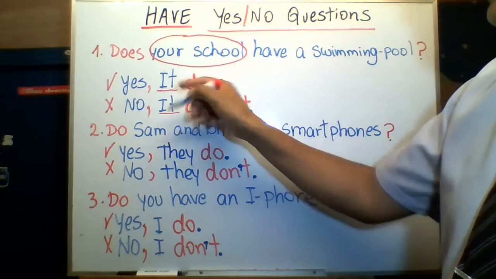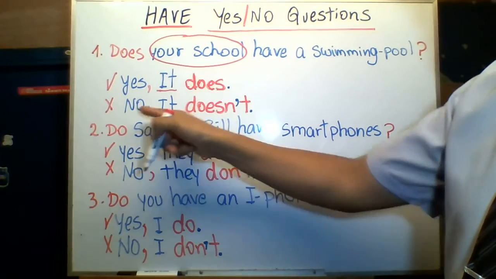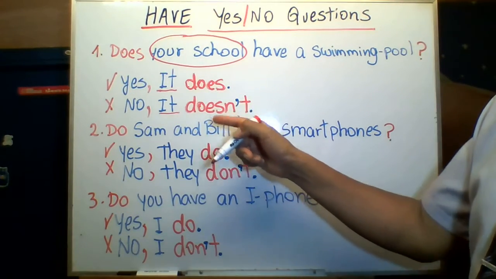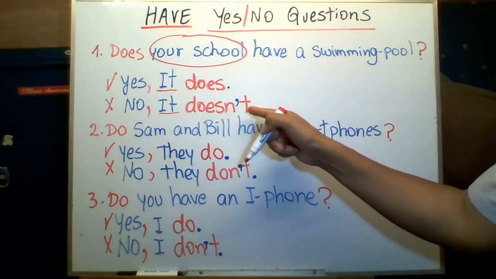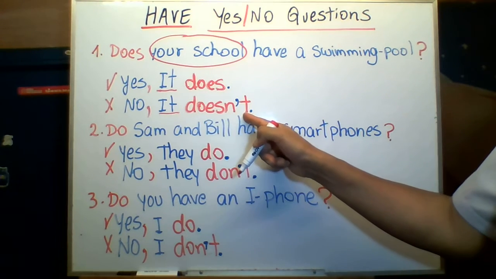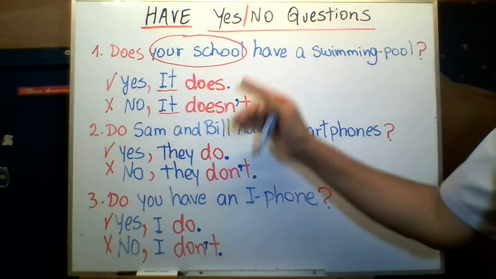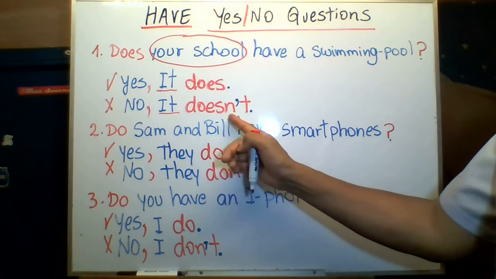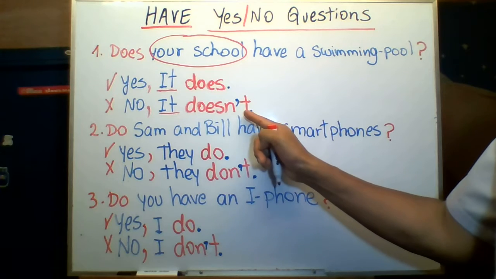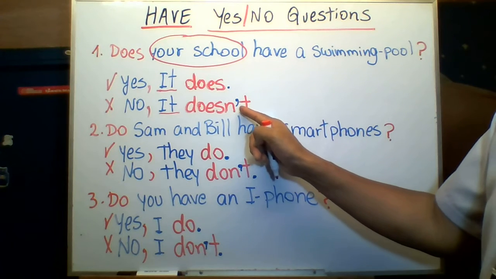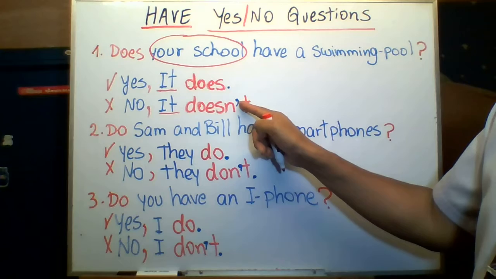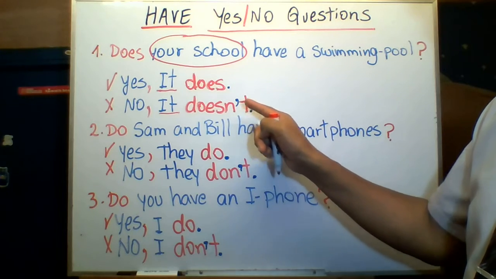In this case, does. Yes, it does. No, it doesn't. Remember, doesn't is the contraction of does and not. That's why there is an apostrophe between the N and T, because this is the word not. You omit the letter O, so you have to use an apostrophe.